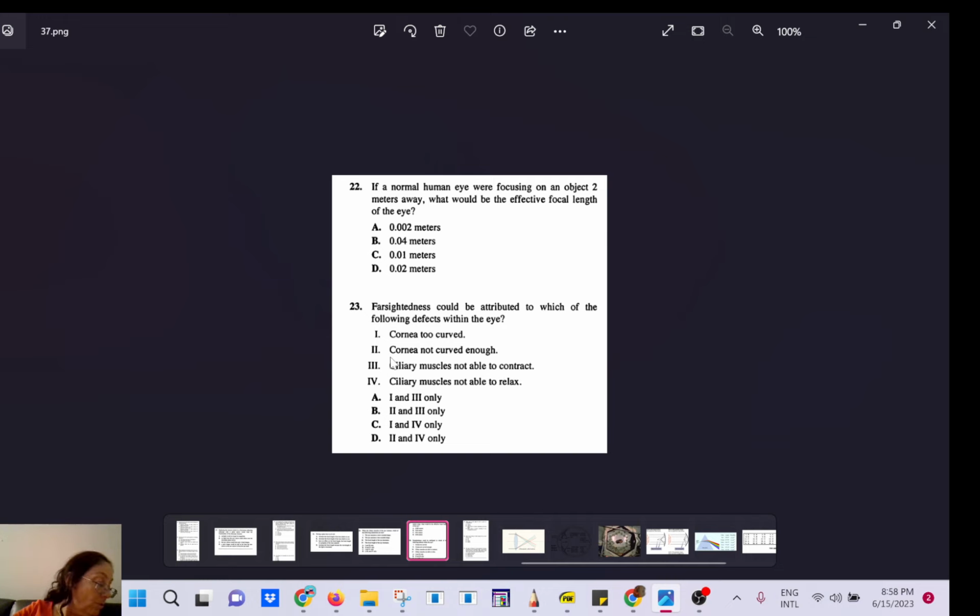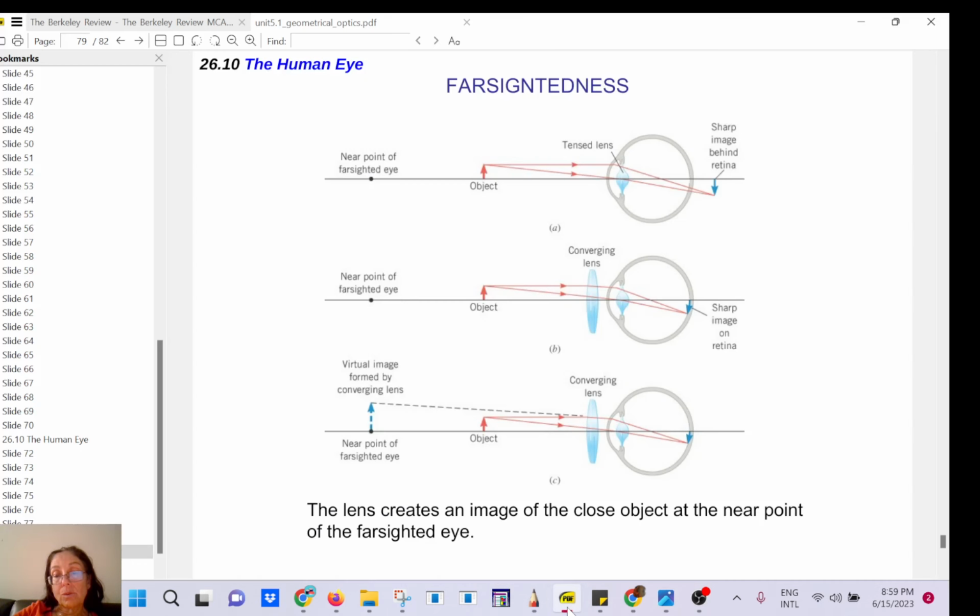So 2 and 3, right? 2 and 3, that will be B. Okay, so two things can happen. We are just born with it, and the cornea is not curved enough. Or you are old and those muscles are not doing their work.